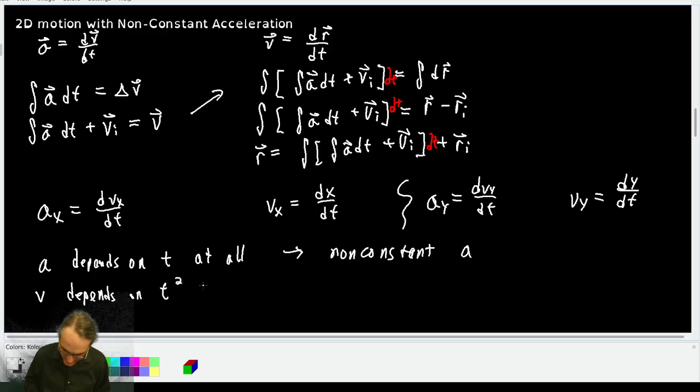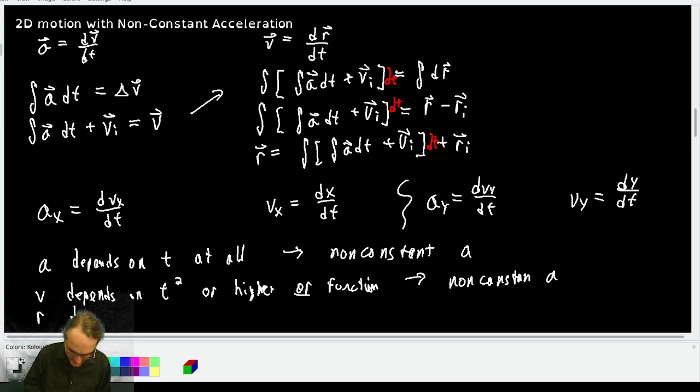If v depends on t squared or higher, or some funky function, then you're going to get a non-constant acceleration.